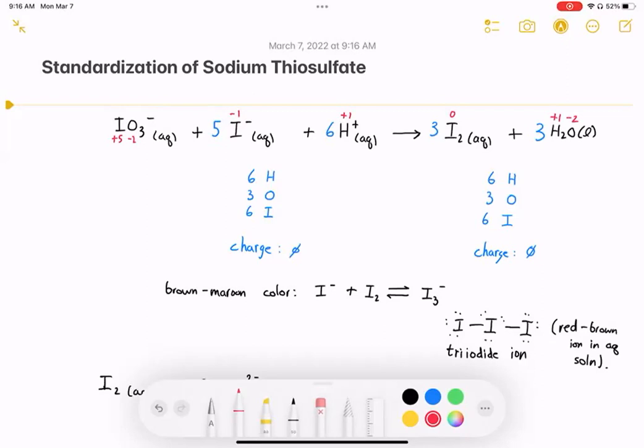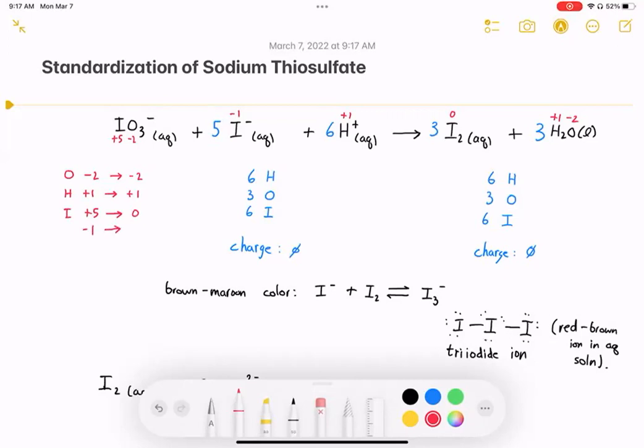As you see here, my oxygen is going from -2 to -2, so that's no change. My hydrogen is going from +1 to +1, so that's also no change. But my iodine is going both from +5 to 0, and also -1 to 0.